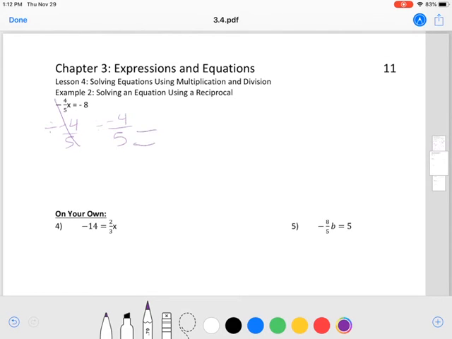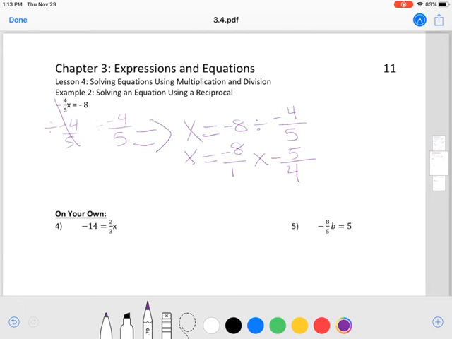And so what we're going to be left with here is x equals -8 divided by -4/5. And so again, when we are dividing by a fraction, what we're really doing is we're multiplying by the reciprocal. And so I'm going to first turn 8 into a fraction, which we all know is 8 over 1. We're going to multiply, and we're going to do the reciprocal 4/5, which is 5 over 4.